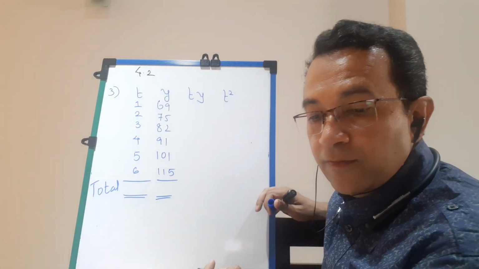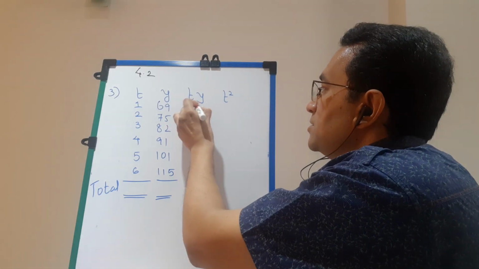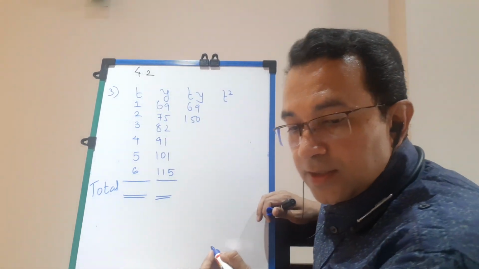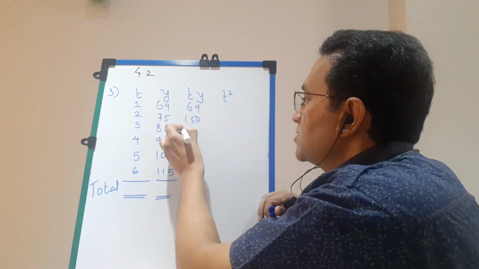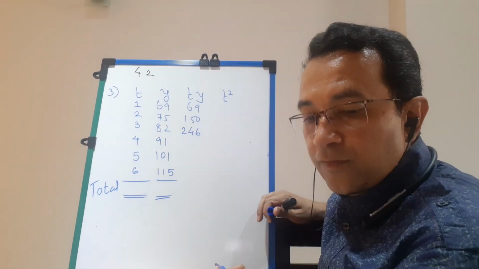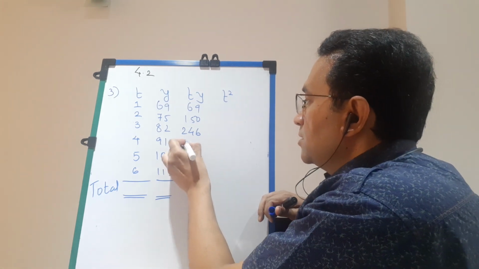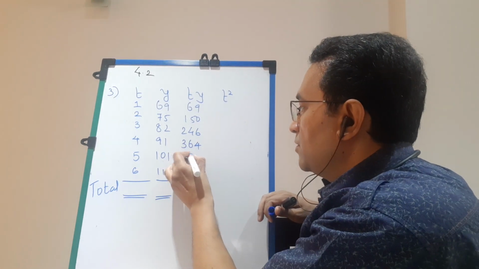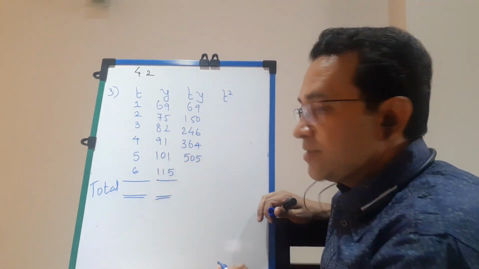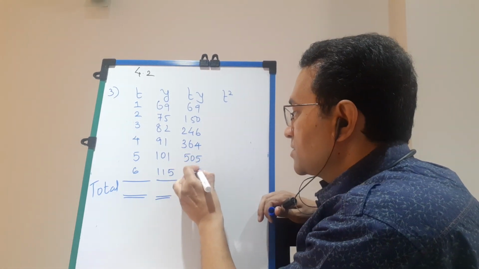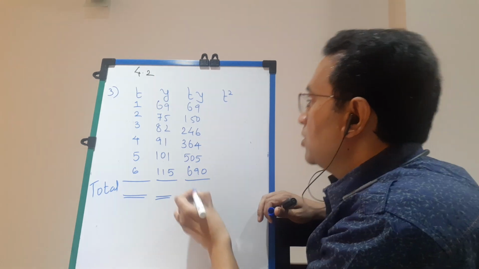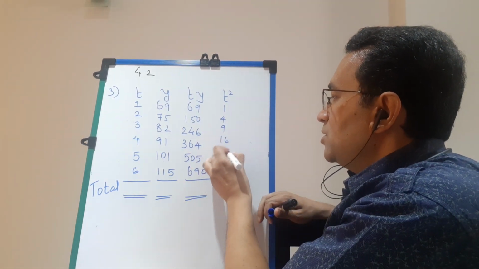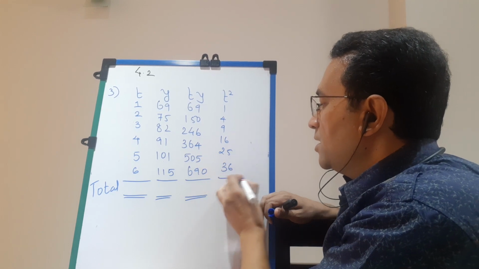t into y: 1 into 69 is 69, 75 into 2 is 150, 3 into 82 is 246, 4 into 91 is 364, 5 into 101 is 505, and 6 into 115 is 690. t square: 1, 4, 9, 16, 25, and 36.